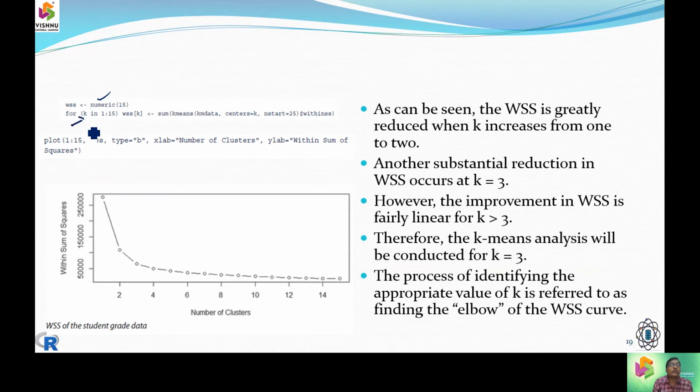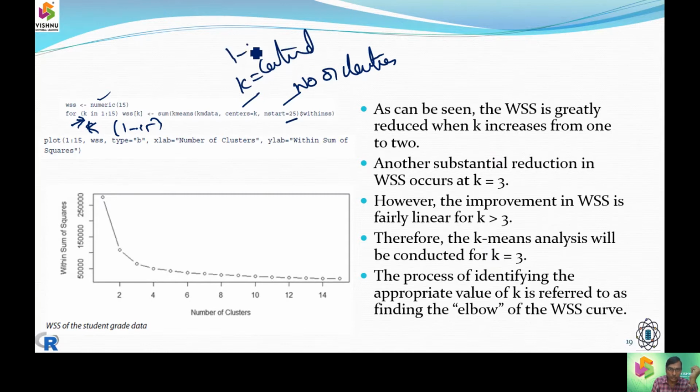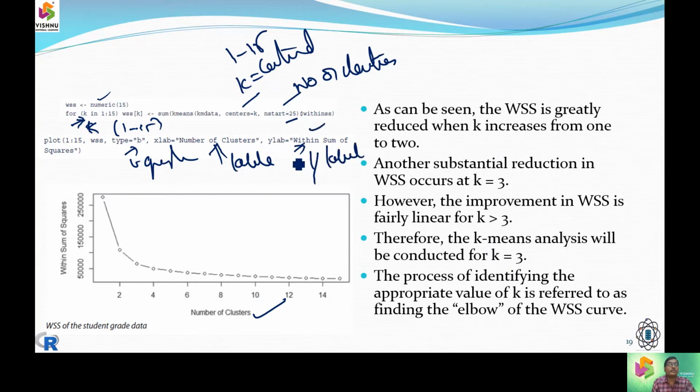So we take the k value, which is going to occur between 1 to 15, with the number of iterations being 25, and k equal to some centroid value, which we can fix from 1 to 15, and type B graph. Then the x-axis label is the number of clusters, and the y label is within cluster.